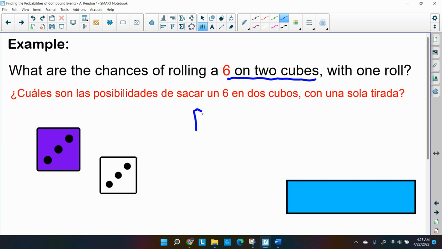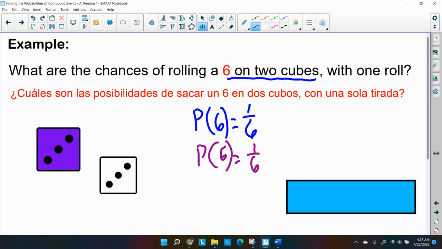On my purple dice cube, the probability was 1/6 of getting a 6. Now I have a white dice cube and I have to roll a 6 on that, and the probability is still the same.